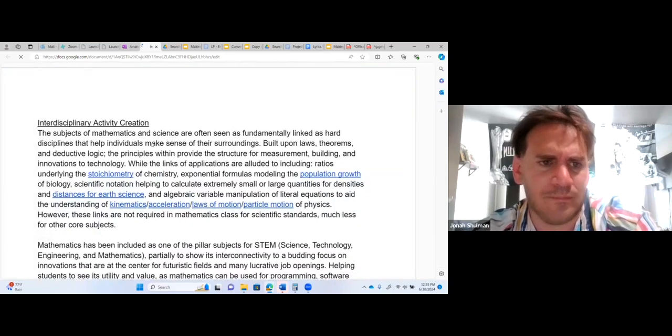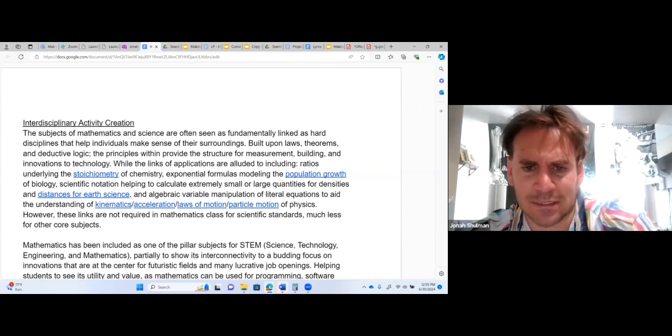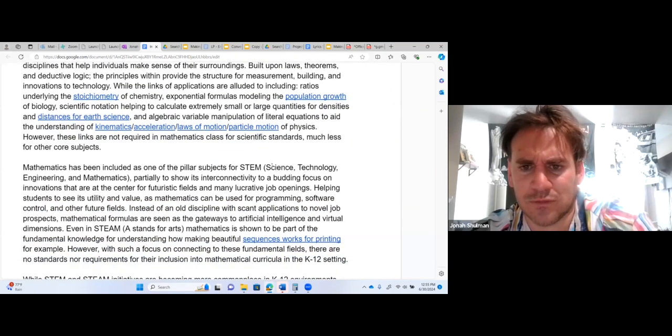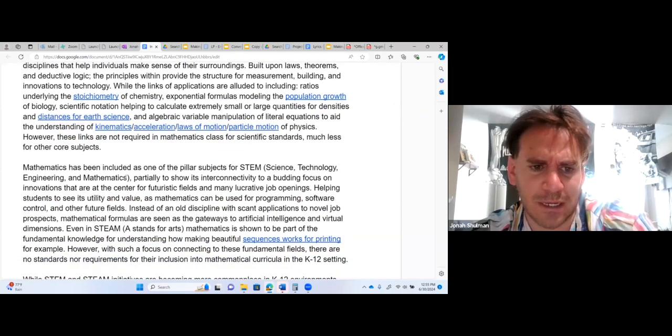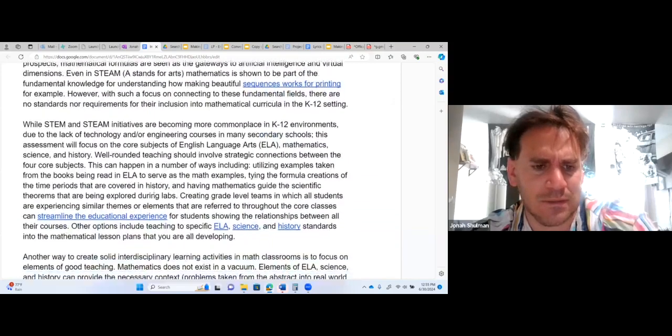So math and science are usually linked. We've got stoichiometry, distances from Earth, kinematics, acceleration, particle motion, population growth. So these are all connected. Mathematics is one of the parts of science, technology, engineering, and mathematics. They also have STEAM, which includes arts. So all these pieces are really cool, just like how we can make these connections.